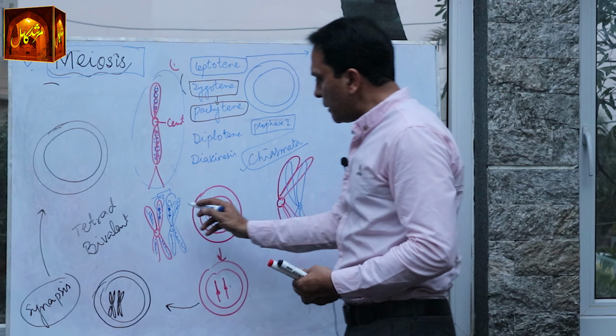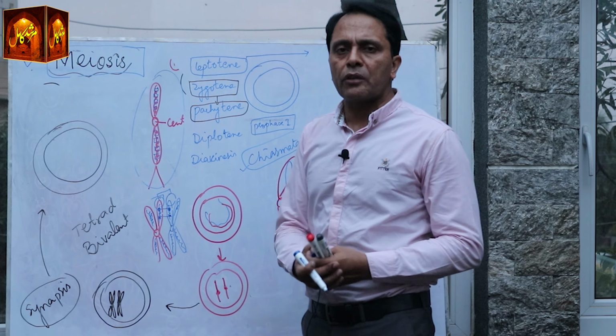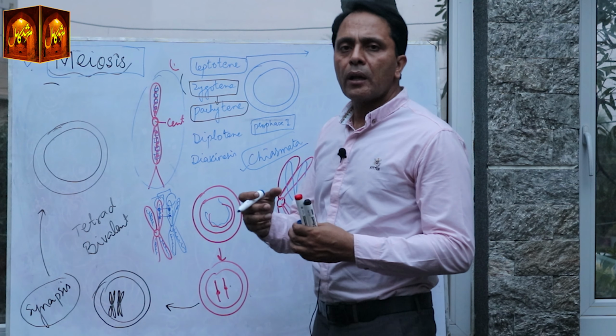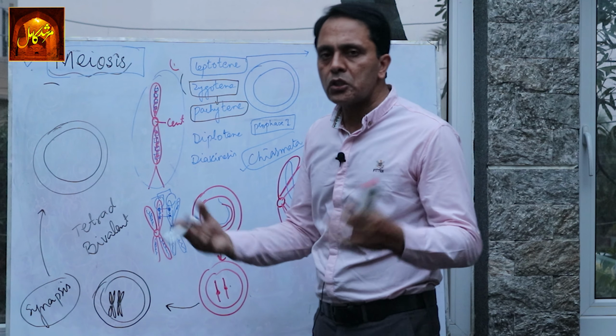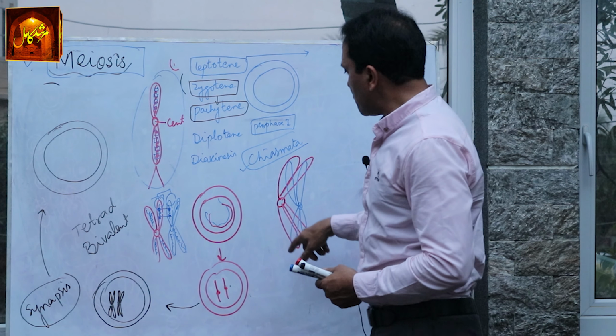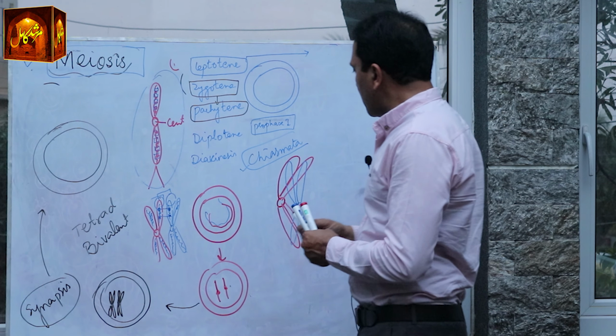So these genetic materials are going to be reshuffled and changed, and these changes bring a lot of differentiation in the next generation. When genes are exchanged, this process is called crossing over.